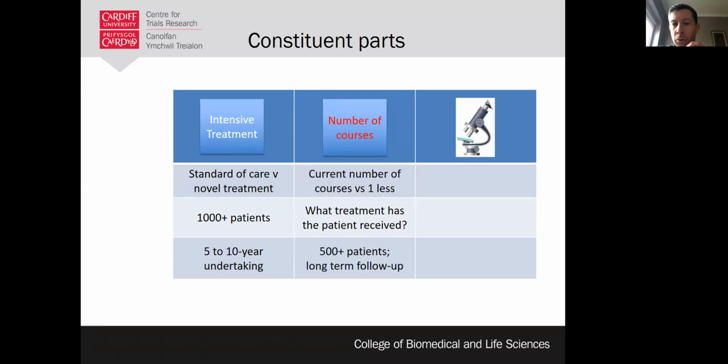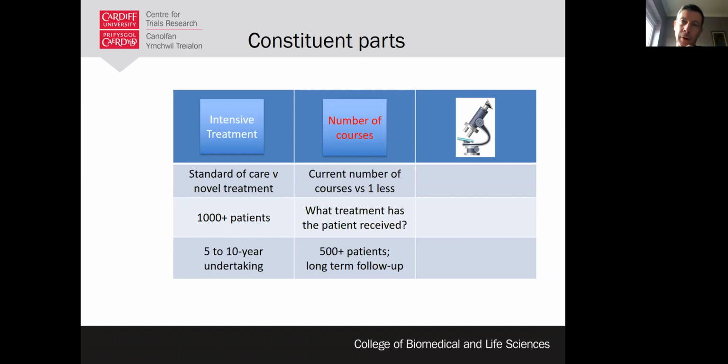With regard to number of courses, what we've achieved as a group over the past 20 to 30 years is to significantly reduce the number of chemotherapy courses that an average patient would receive. So back in the 1970s and 80s, patients would potentially just receive courses of chemotherapy until their disease either progressed or the doctor felt that they were stable enough.